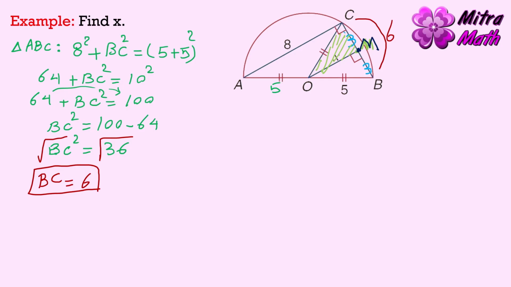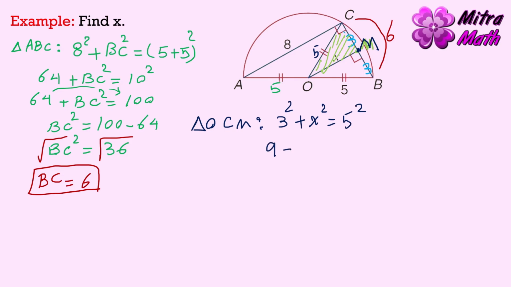So in the triangle OCM, we can write down, this is 5. So we can write down 3 to the 2 because it's half of the 6. Plus x to the 2 is equal to the hypotenuse, which is 5 to the 2.